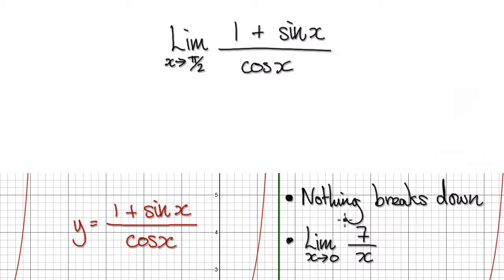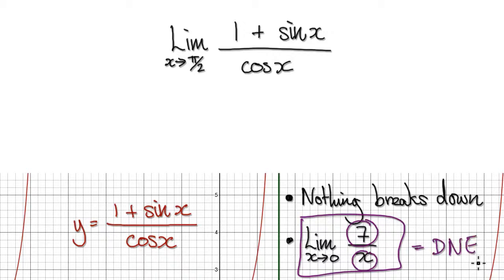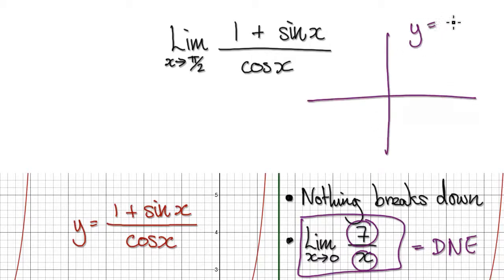But then the second thing you should look for is this thing here. There's a limit law that says that if something heads towards a number and this thing here heads towards 0, you're going to get DNE, does not exist, because if you look at the graph y equals 1 over x, it will look like this.